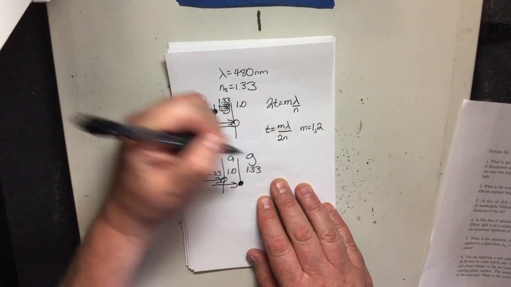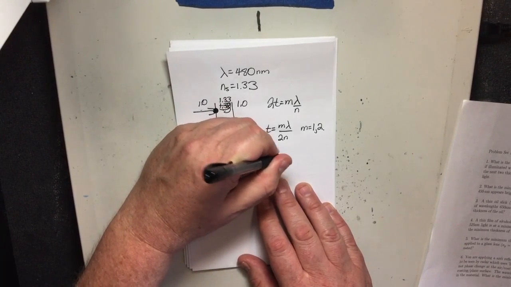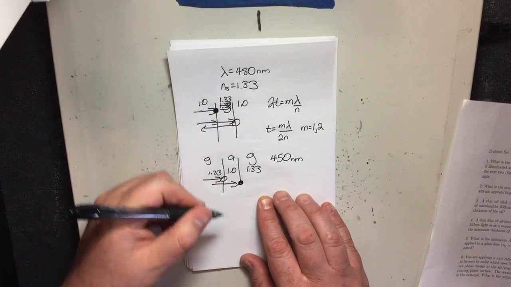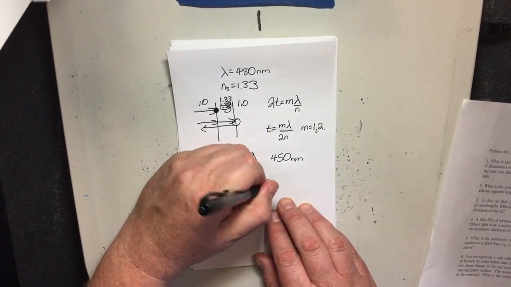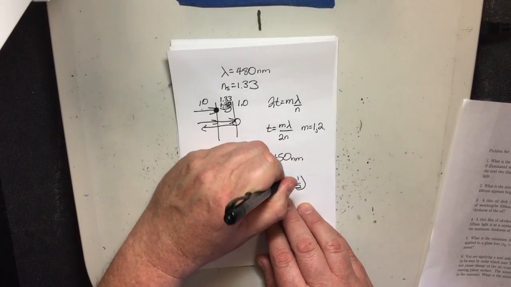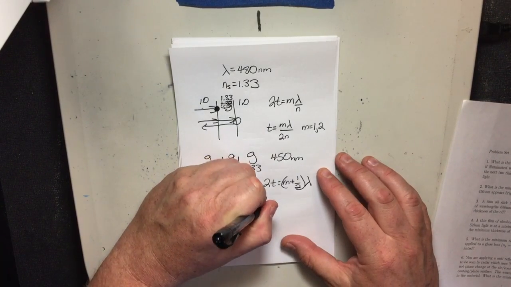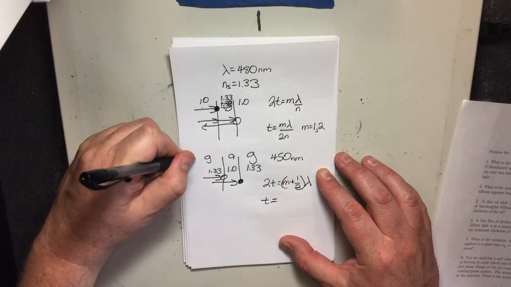This is an odd constructive. So odd constructive is 2t equals m plus 1/2 lambda. The 450 is lambda. The middle substance is air, index of refraction is 1. So it looks like this.